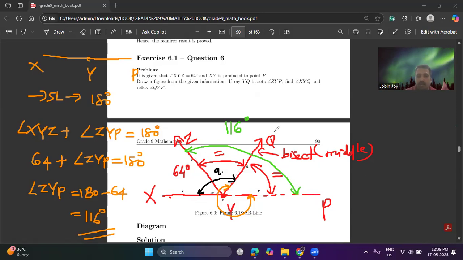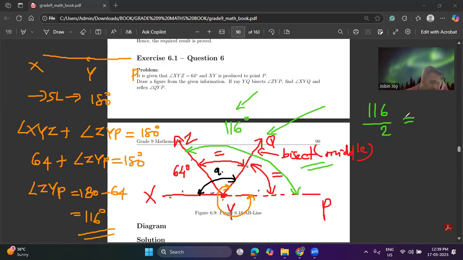So we know that YQ is the bisector, right? Bisect means middle. We know that this angle is 116. So this angle will be what? Take 116 divided by 2. What is 116 divided by 2? 58, right?